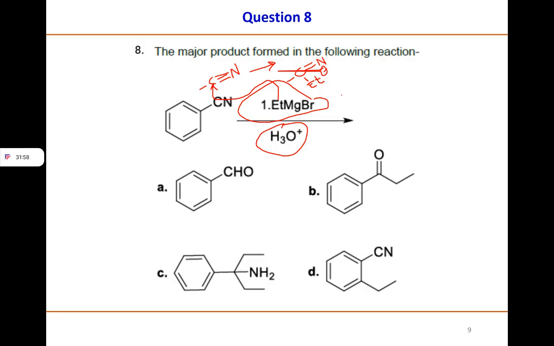In hydrolysis, what will happen? Water will attack, and after hydrolysis this C double bond N group will become carbonyl, correct? Carbonyl. Then the ethyl group was there already, right? Ethyl, sorry.